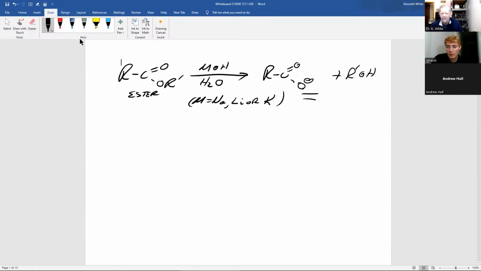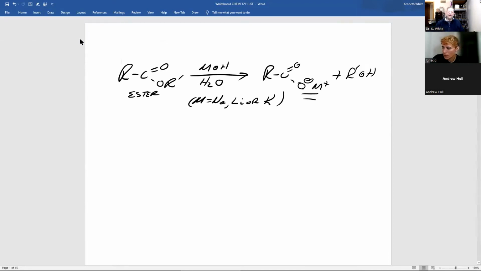It should be M plus. And you get the carboxylate anion, not the carboxylic acid. If you put down the carboxylic acid, I'll mark it wrong, because in the presence of any base, the carboxylic acid reacts faster than you can blink your eye.